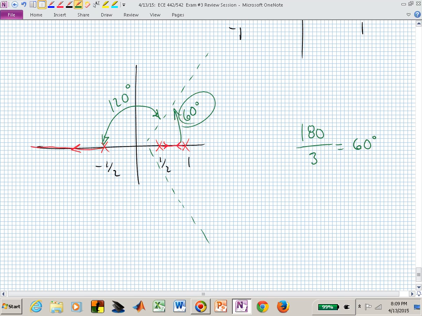What's the pole zero excess? 4. Now your fundamental angle is 180 divided by 4. 180 divided by 2 is 90. Divide that 90 by 2, 45. So now you have 45, and things are going to be separated by 90. So now you have 45, 135, something and something, minus 45 and minus 135.